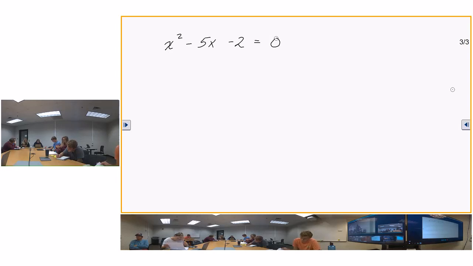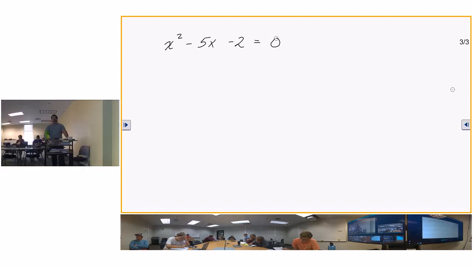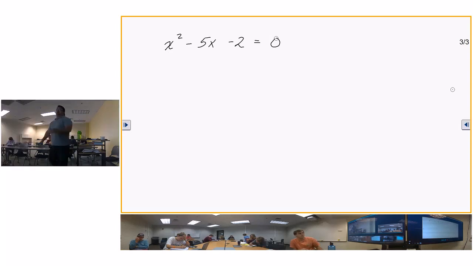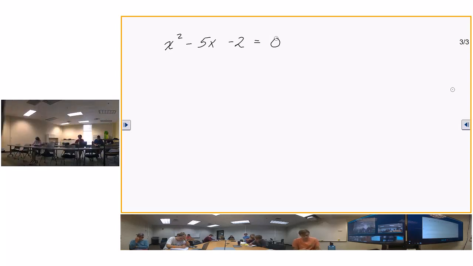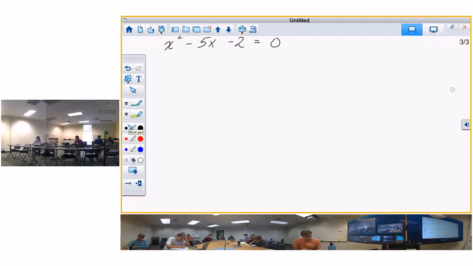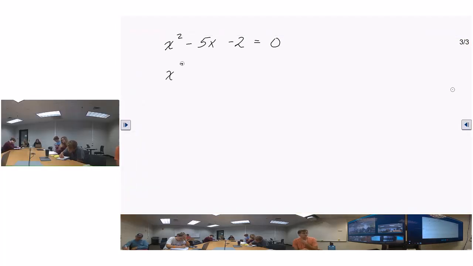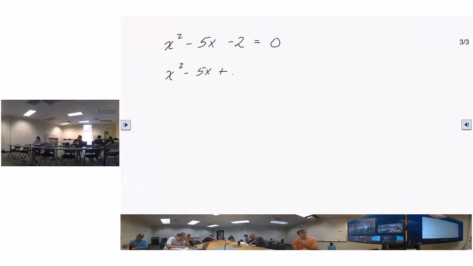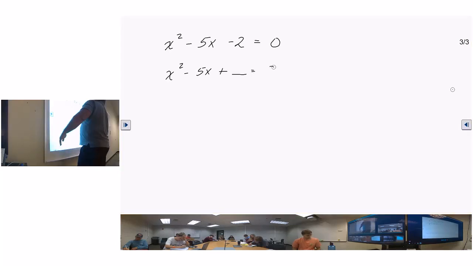What's the first thing you do? Move the C over. So everybody in here should be able to handle the first step. If you can't handle the first step, that pretty much means you suck. So, x squared minus 5x plus blank.